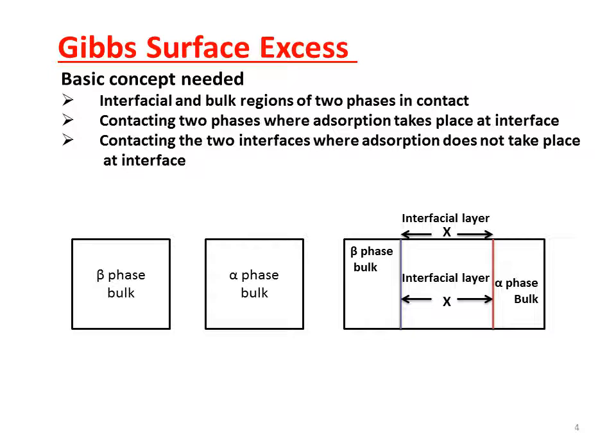Then adsorption occurs from the beta phase and from the alpha phase. It means that some concentration of the components of the beta phase are adsorbing from the beta phase bulk into the interfacial layer, and some concentration of the alpha phase components are adsorbing from the alpha phase bulk into the interfacial layer.